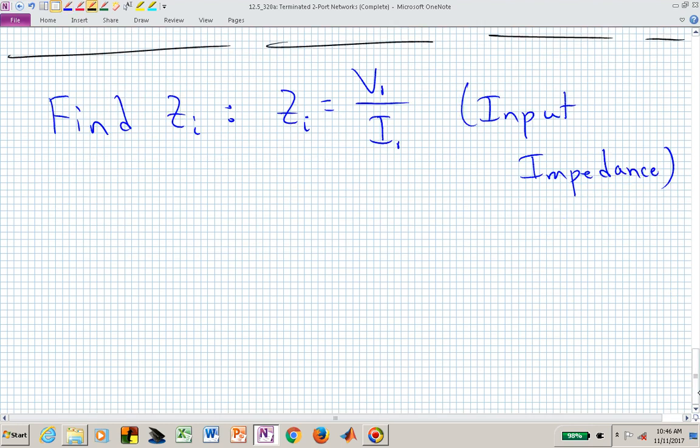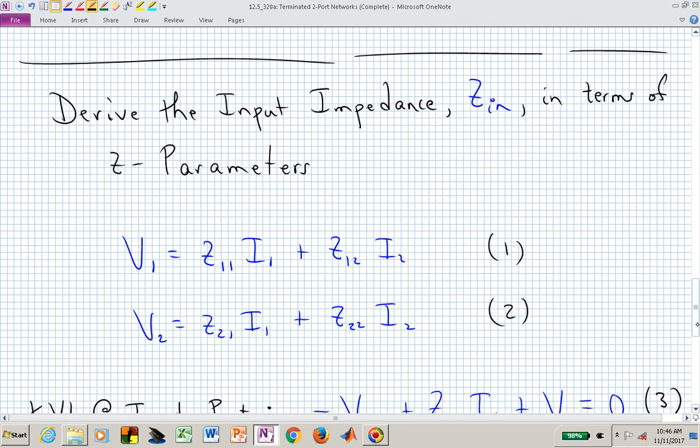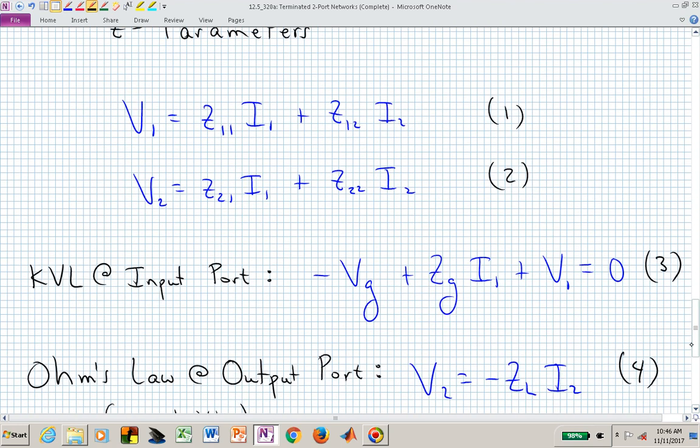So if we think about this, we need V1 and I1. Well, we have V1 and I1 in equation 1, but we have I2 sticking out there, and I2 is not necessarily 0. So somehow, with all of these other equations, we need a way of rewriting I sub 2 in terms of V1 and I1. We want to find one equation that only possesses these variables V1 and I1 and all of the other parameter values, but no other variables I2 and V2.